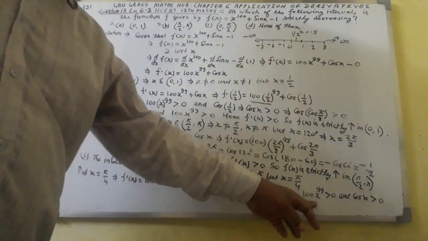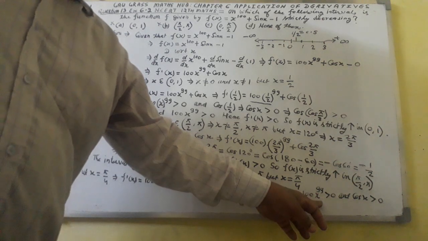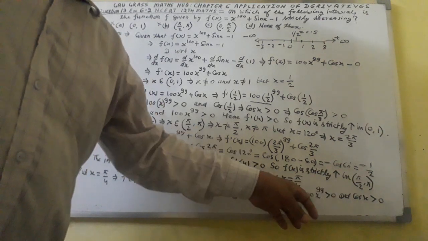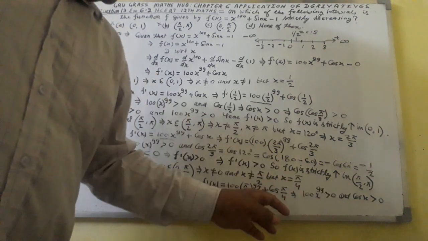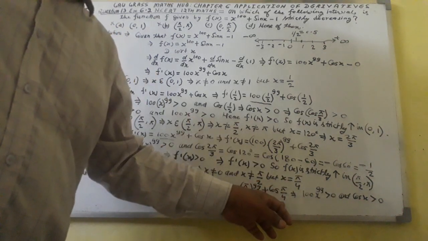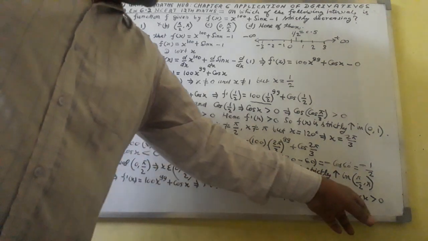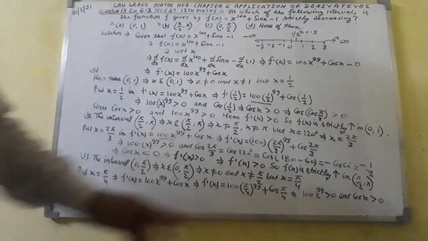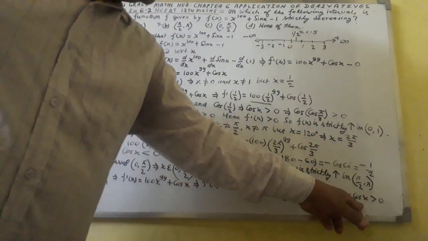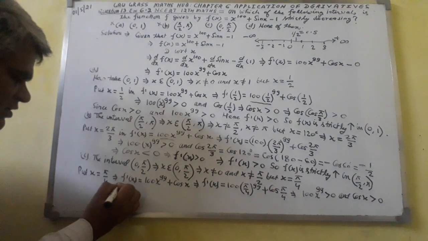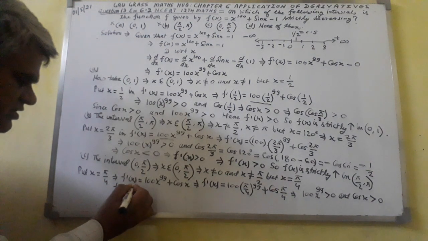In place of x I shall write pi by 4 raised to power 99. This term is greater than 0, and also cos pi by 4 equal to 1 over under root 2. Cos x is greater than 0. This term is greater than 0 and this term is also greater than 0. So hence I can say f dash of x is greater than 0.